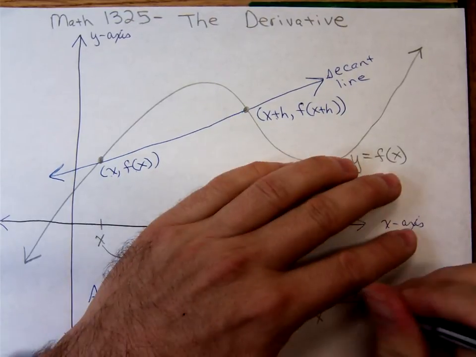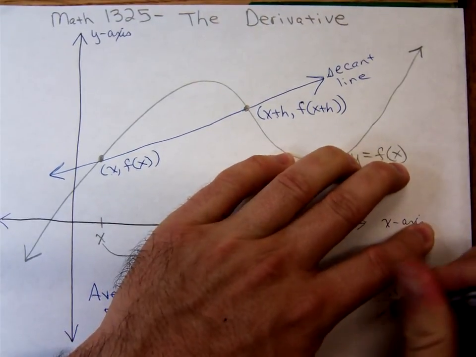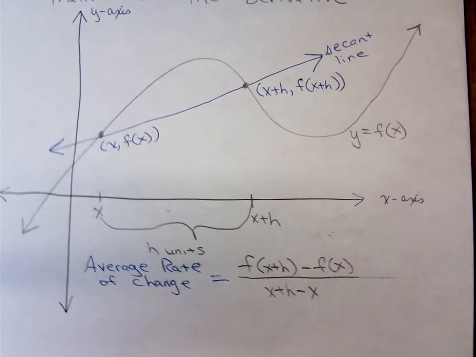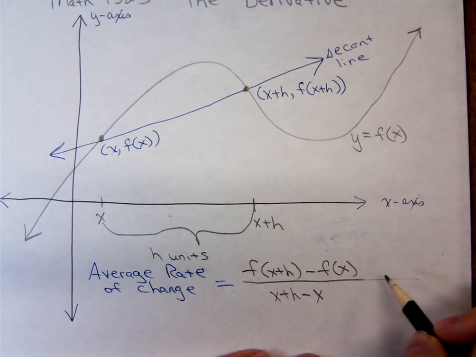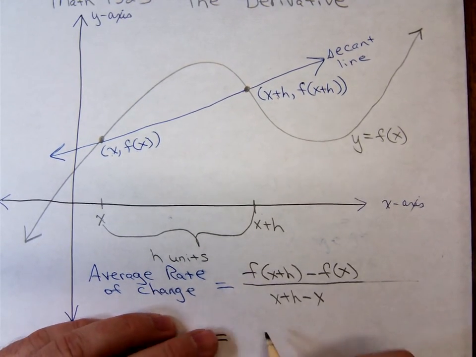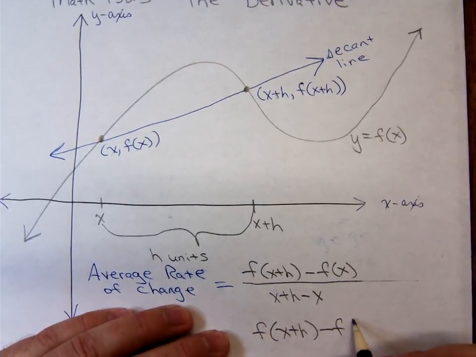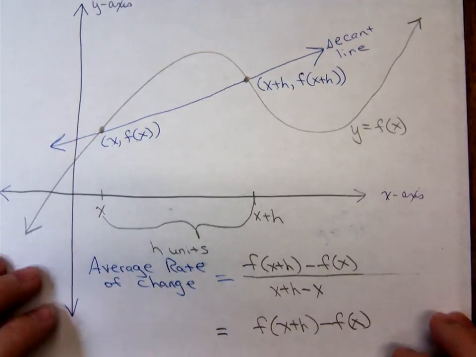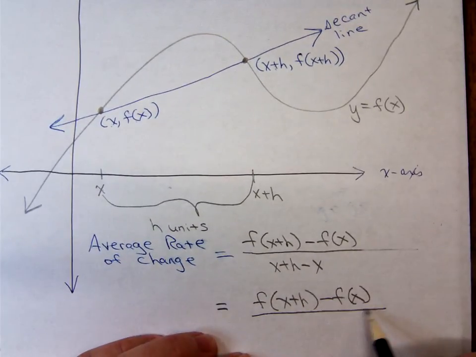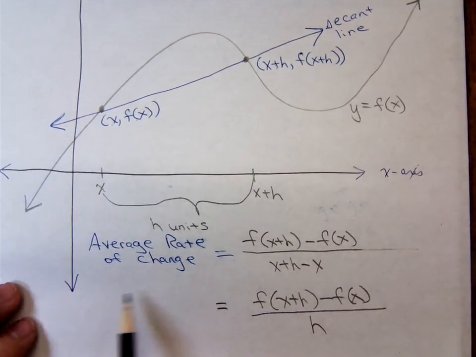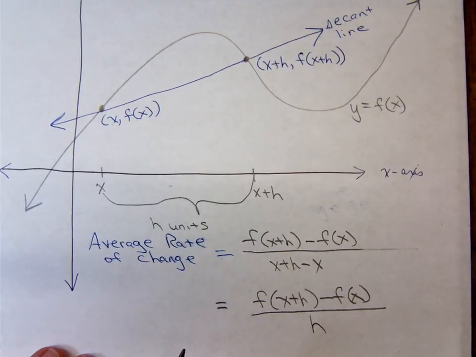And I could clean that up a little bit. I didn't need such a long line. I'll write it here. Just f of x plus h minus f of x all over h. There's the average rate of change.